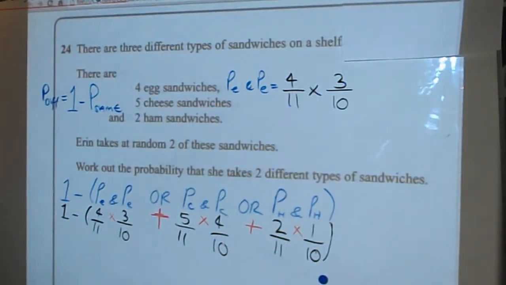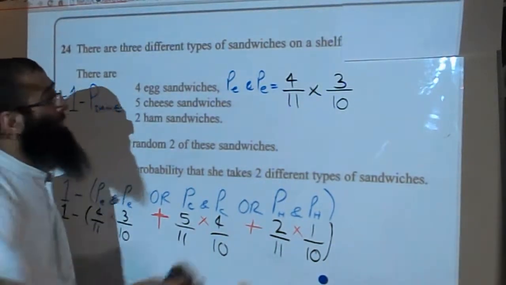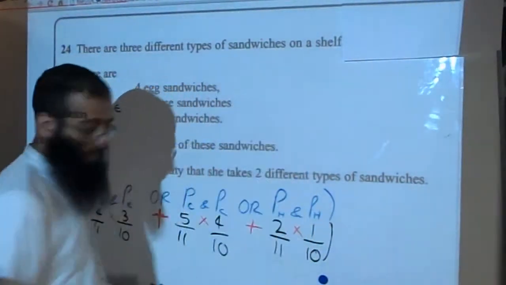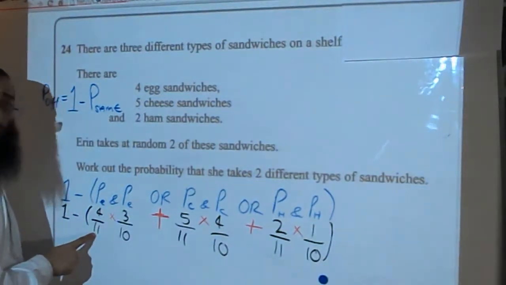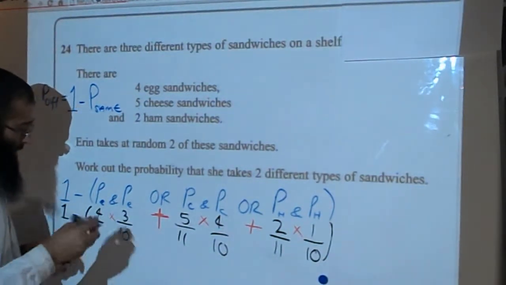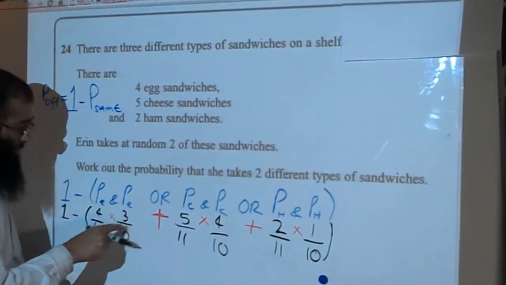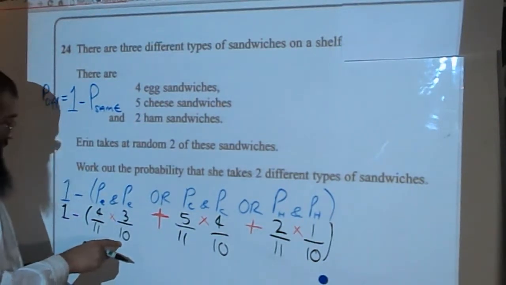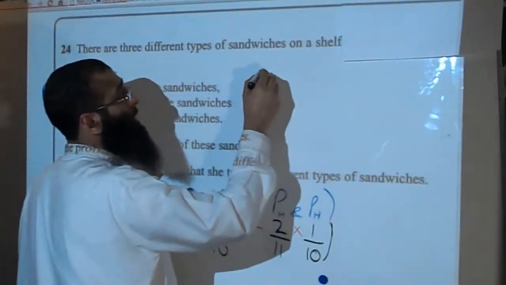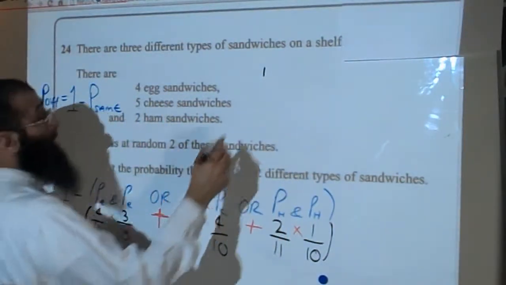Because we haven't got that much board space left over, I'm going to do some calculations above here. So 4 over 11 times 3 over 10. Well, 4 times 3 is 12, 11 times 10 is 110. So the first part gives us 12 over 110.